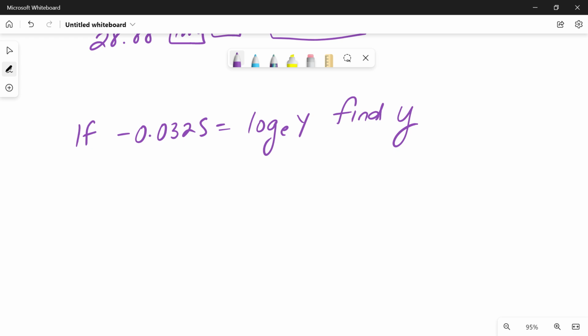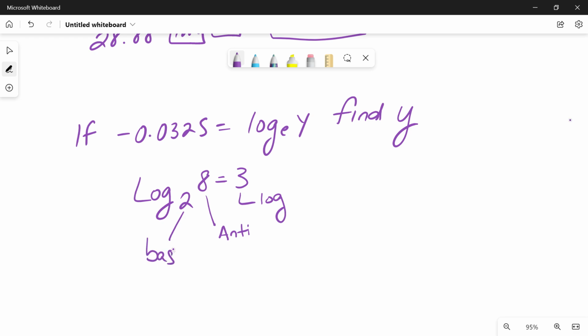Remember, go back to that idea that we know log base 2 of 8 equals 3. We know this right here is our log, this right here is our antilog, and this right here is our base.